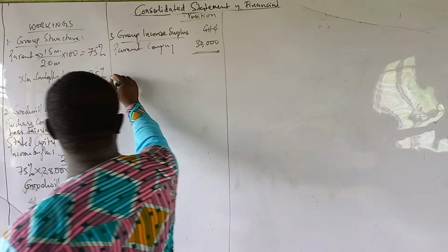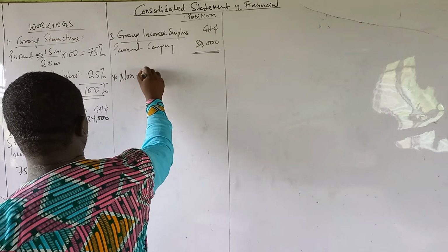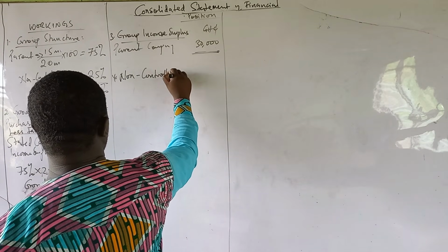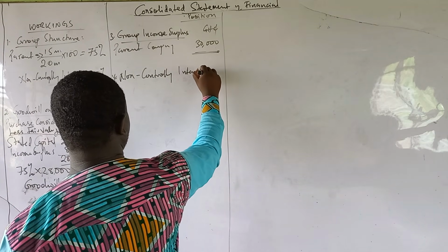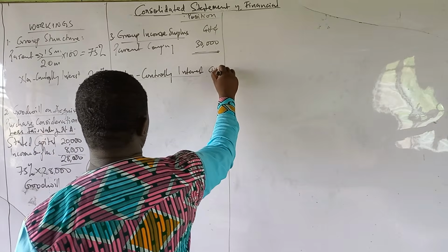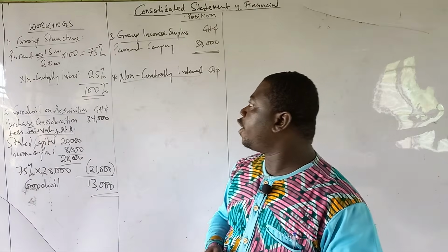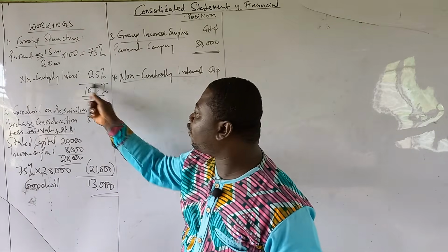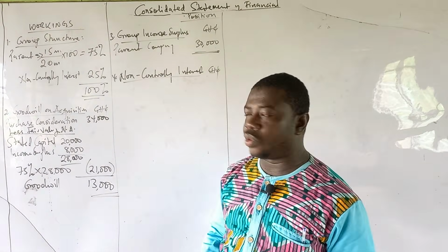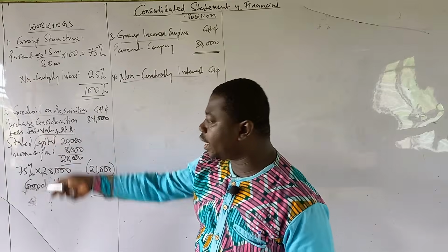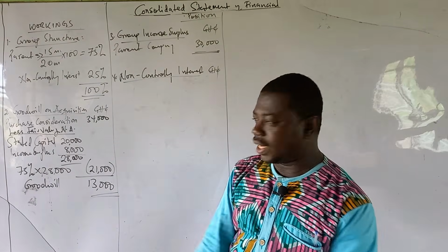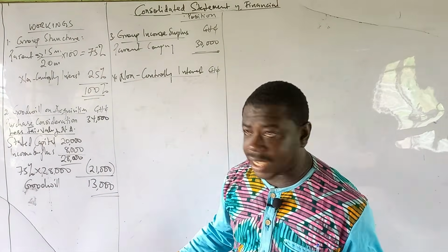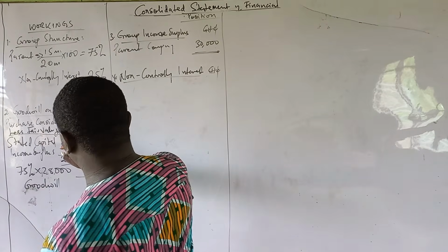And then finally, we look at the value of non-controlling interest. Now, it's very simple. The value of non-controlling interest will be 25% because they have a 25% holding. So it will be 25% of the stated capital and the income surplus. That is the equity items, or the net assets. And so 25% of the two.